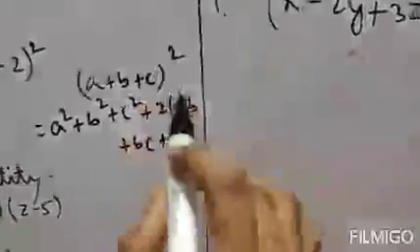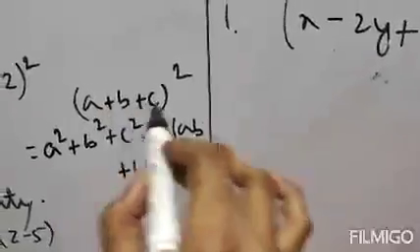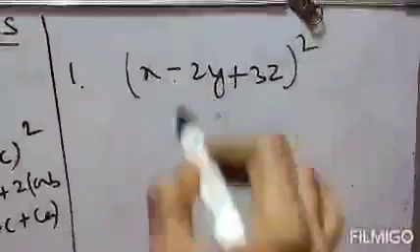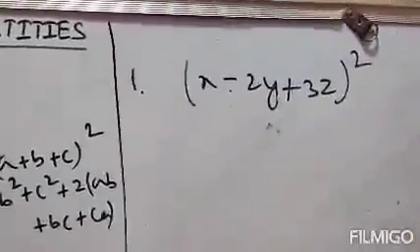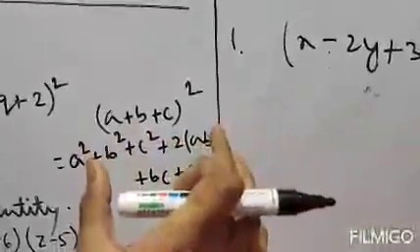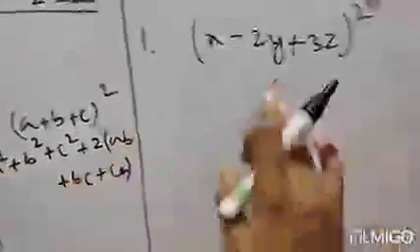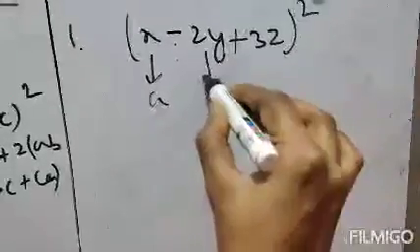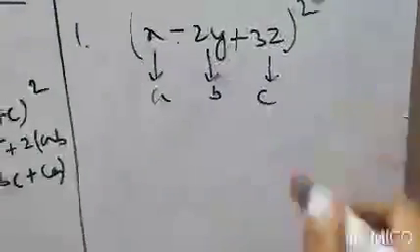Now clearly see, in the formula all the signs are plus, but in the question one sign is minus. Therefore we will arrange this according to the pattern. So this is your a, this is your b, and this is your c.